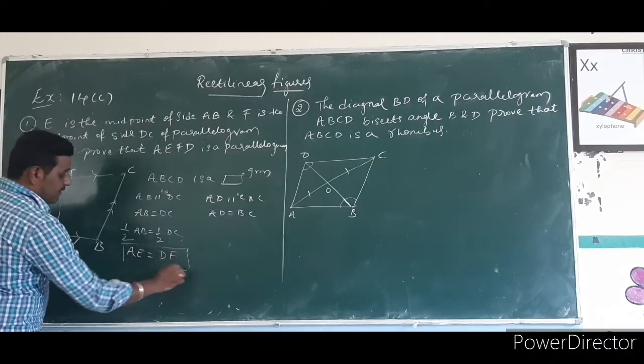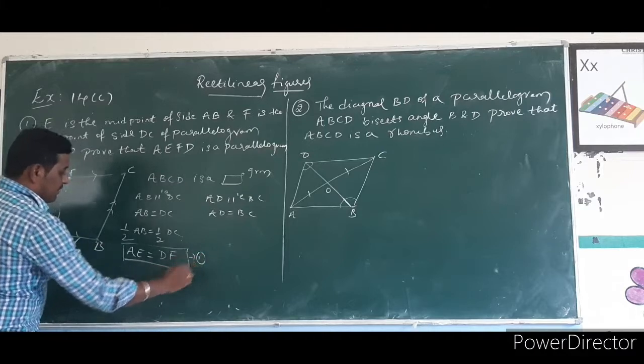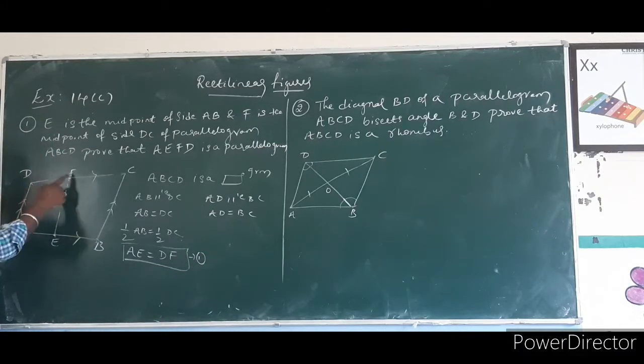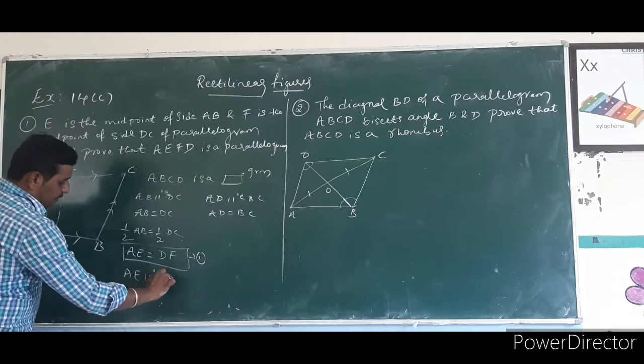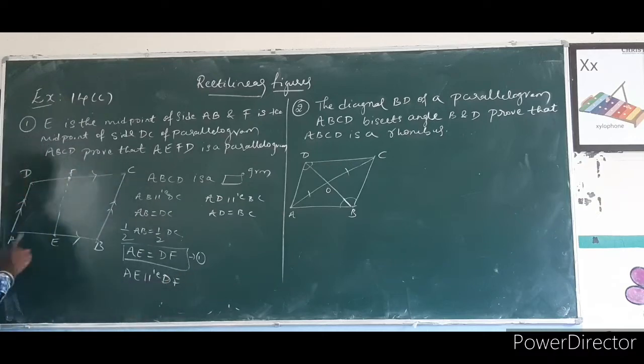So AE is equal to DF. If AB is parallel to DC, then AE is also parallel to DF. Then we prove that AE is equal to DF.